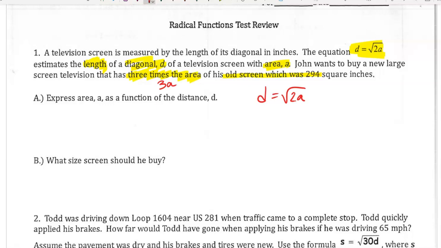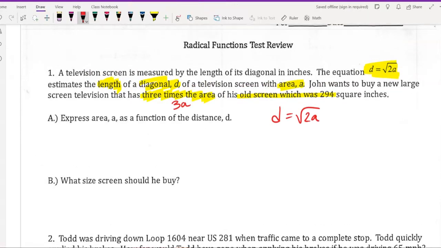So if his old screen area was 294 and the new screen is 3 times the old area, that means the new area is 3 times 294. So 3 times 294 is 882. This is the new area.